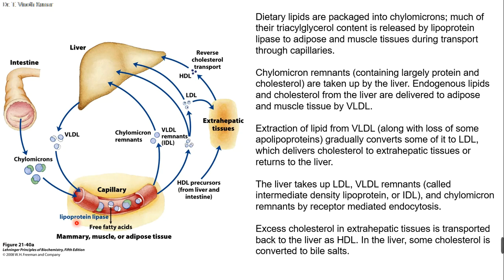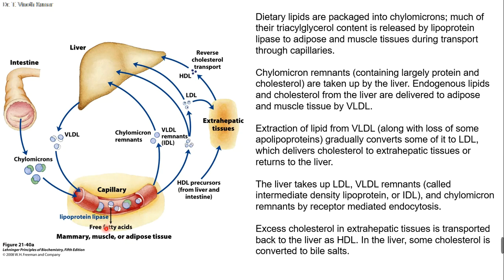From the triacylglycerol in chylomicrons, the glycerol is removed and the free fatty acids are liberated, and these are absorbed by the mammary gland, muscle and adipose tissue. So all three are tissues which need more energy, and at the same time need more fatty acids.